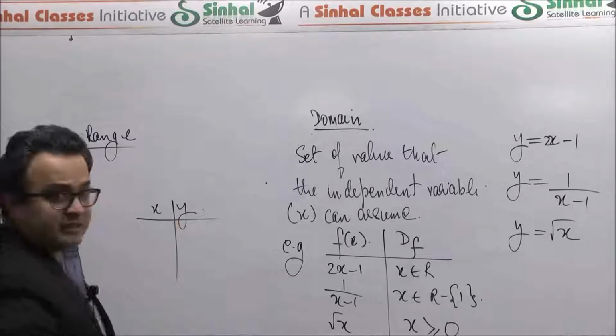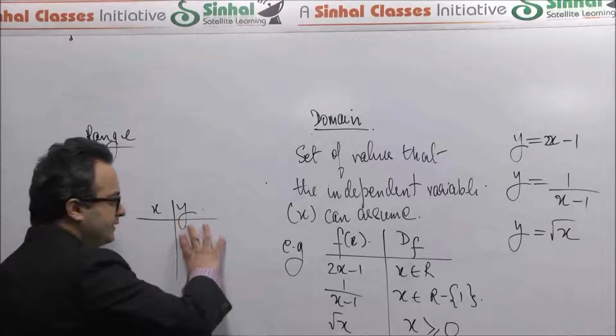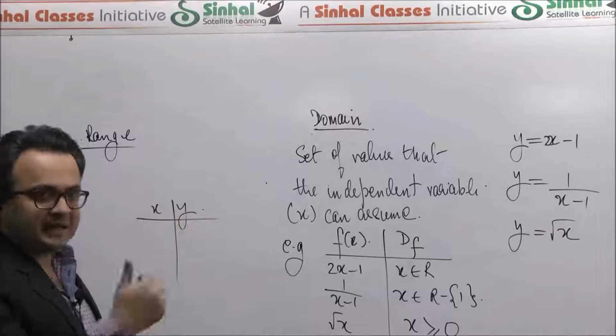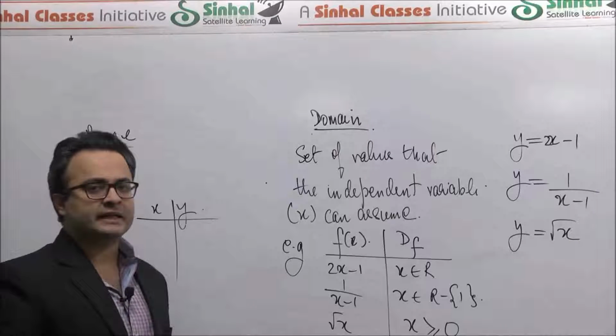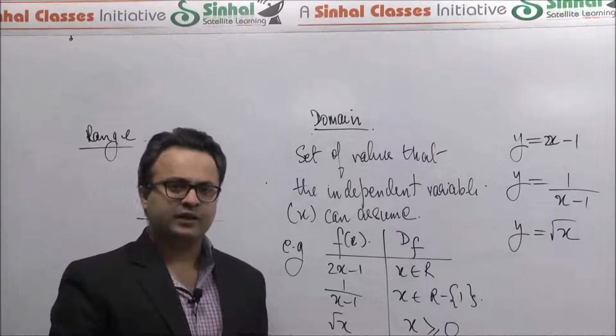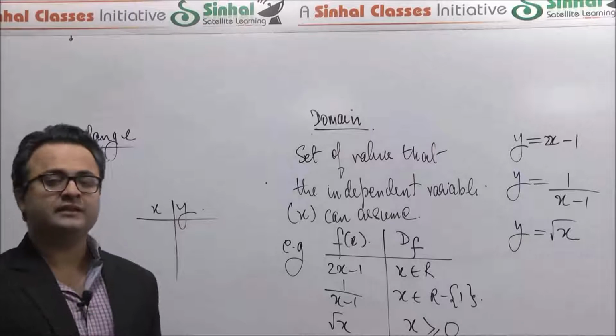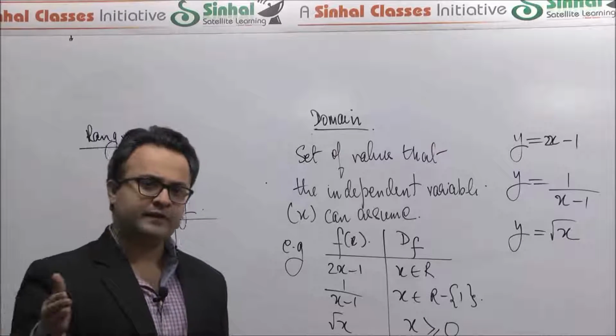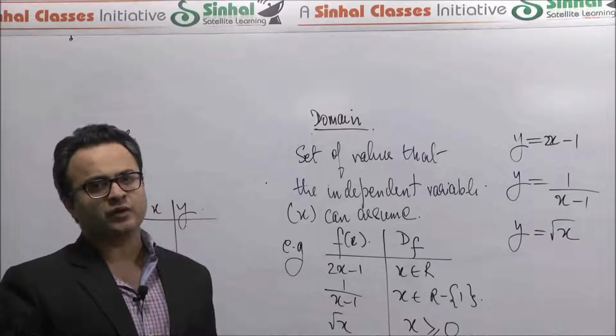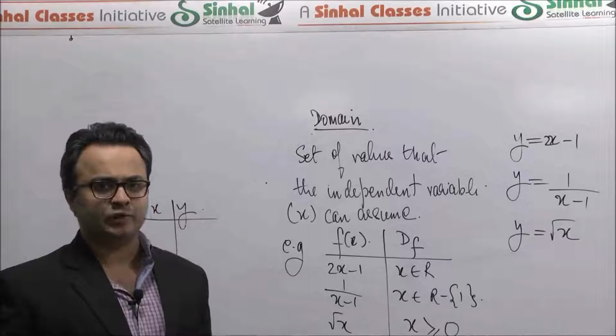The range is essentially the collection of all these values in the second column as x takes all values over its domain. So the range is the set of all possible values that the dependent variable, y, will assume as the independent variable, x, assumes all its values over its domain.